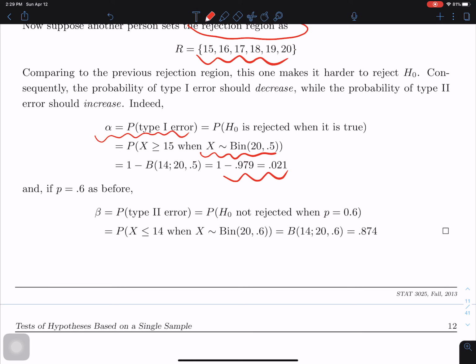And now let's evaluate the type 2 error. Still we use the probability 0.6. The probability of type 2 error is denoted by beta, and type 2 error means H0 is not rejected when your P is equal to 0.6, and remember H0 is P equal to 0.5.